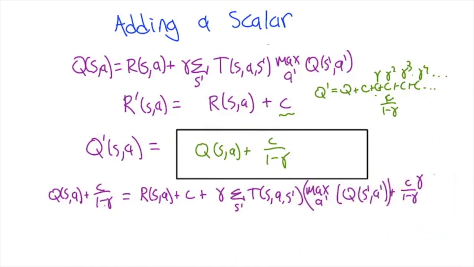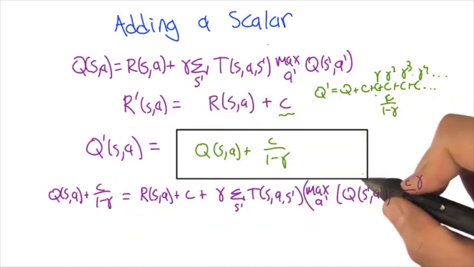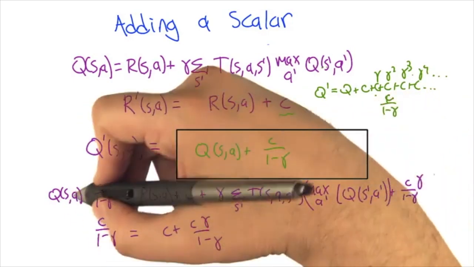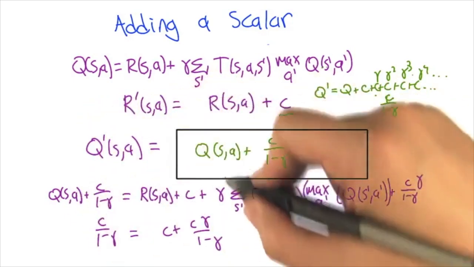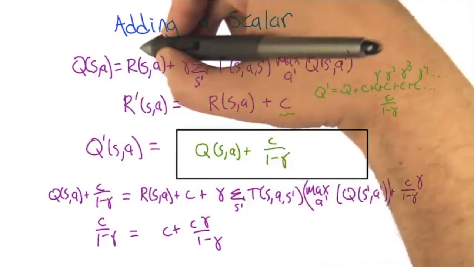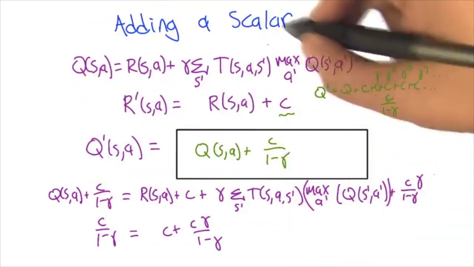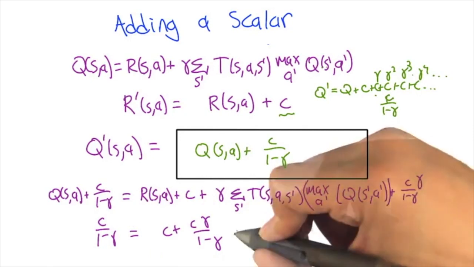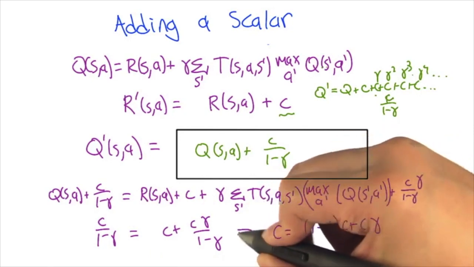So in fact, here, let's do this. As a step, this is true if and only if this is true, which I got by subtracting from both sides the solution to the original Bellman equation. We've got this Q, we've got the R, we've got this thing here, and all that's left are these C things. So is this true? Yeah, it is. And why is that? Because you multiply everything times 1 minus gamma. Oh, good idea.